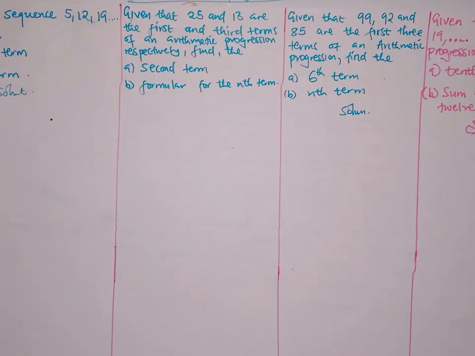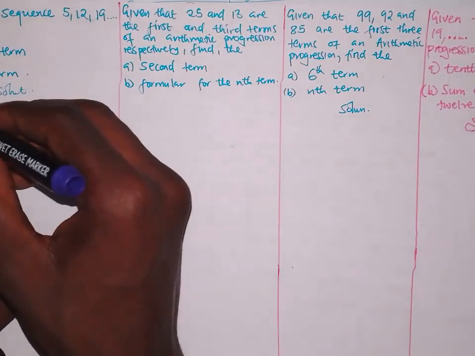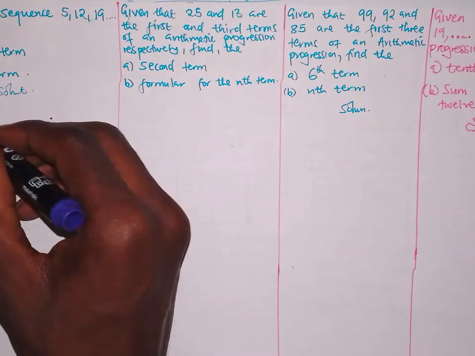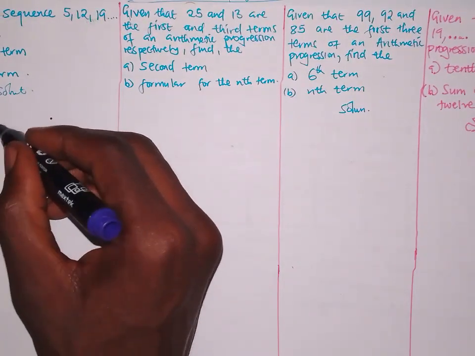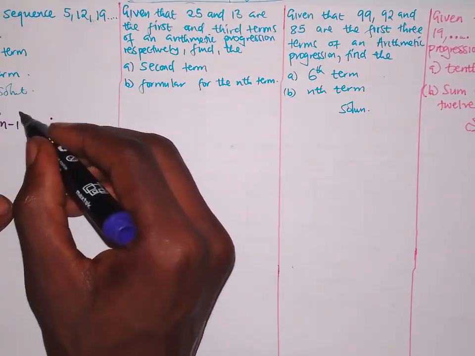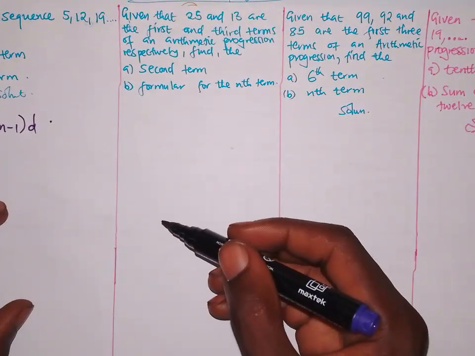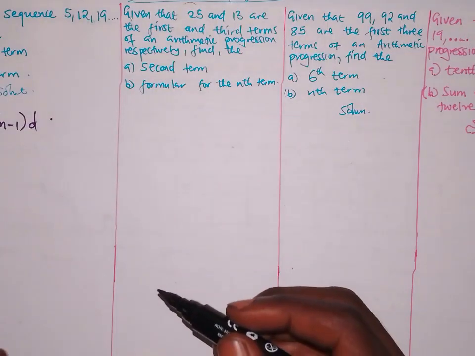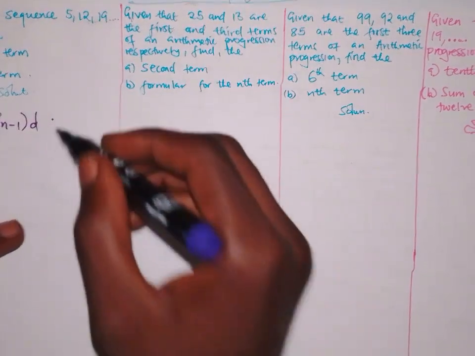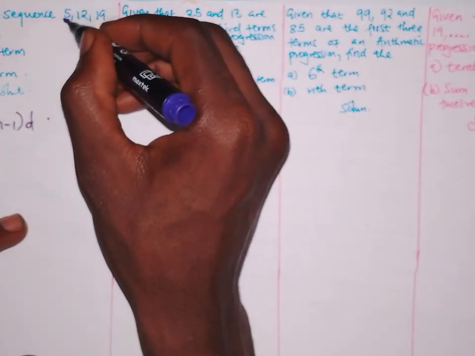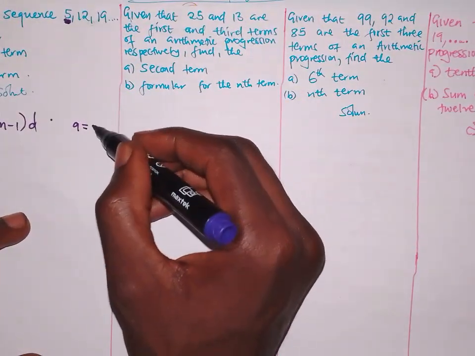The formula is Tn equals a plus n minus 1 times d. The first step is to identify the first term. Our first term is 5.